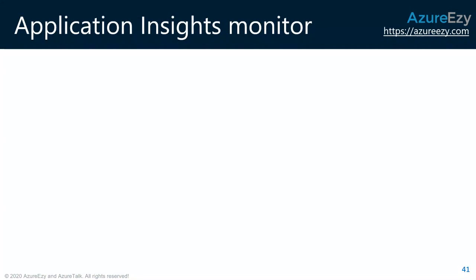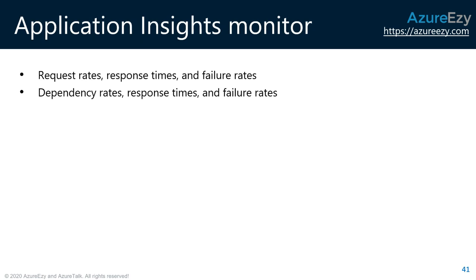Now, what does Application Insights actually monitor? Let's discuss this in more detail. It can help you with request rate, response time, and failure rates. You can monitor all those things using this. It can also help you monitor dependency rates and response times for your applications.